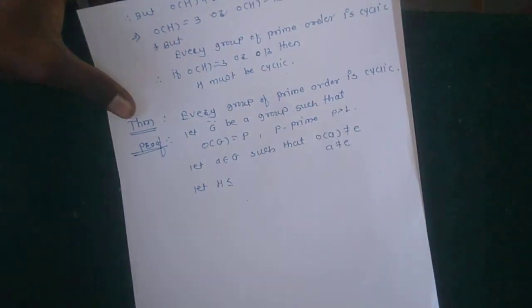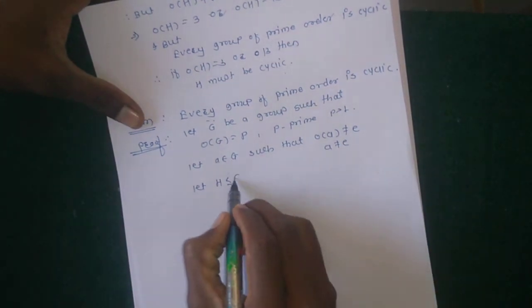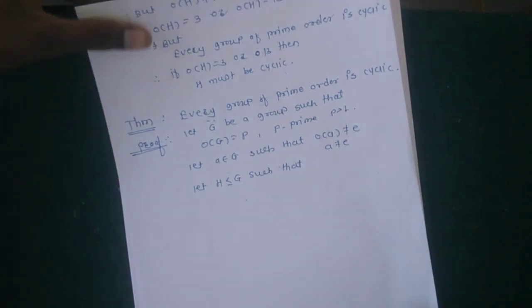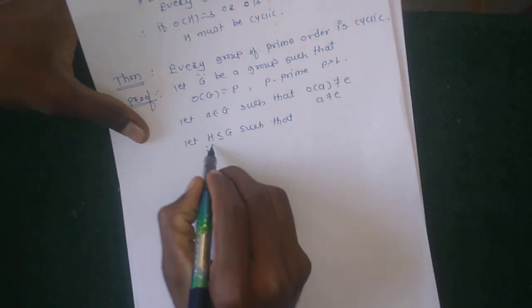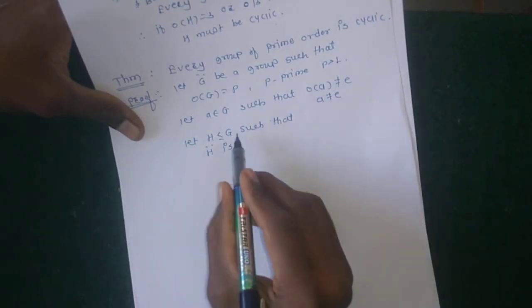Let H be a subgroup of G, chosen such that it is generated by a.